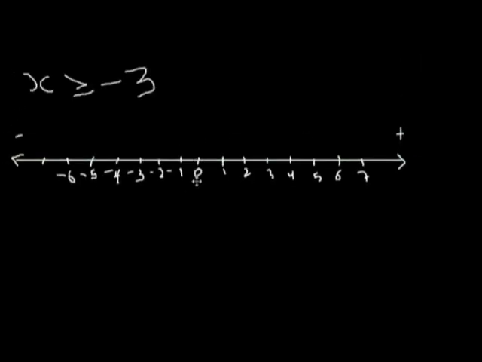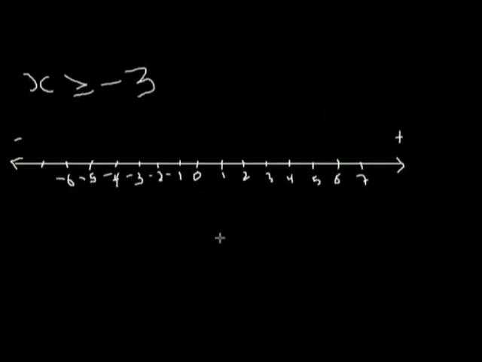Now let's try this. x is greater than or equal to negative 3. First it was x is greater than negative 3. Now we have x is greater than or equal to negative 3. Now we can represent this on a number line. So let's say this is our number line.